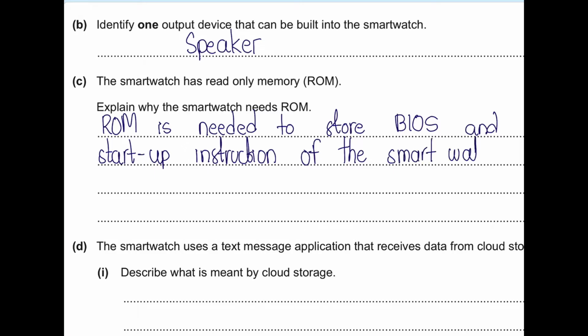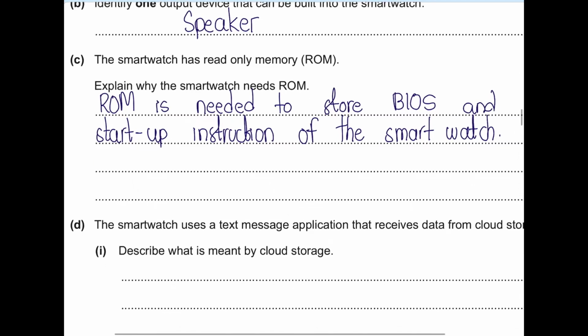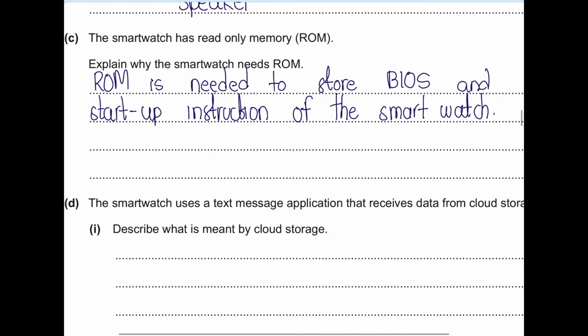That's why the BIOS settings are often stored in the ROM. And sometimes if you disconnect the battery, the BIOS settings are reset. That is, they will be reset to the factory settings. But the data on the ROM is usually permanently stored.